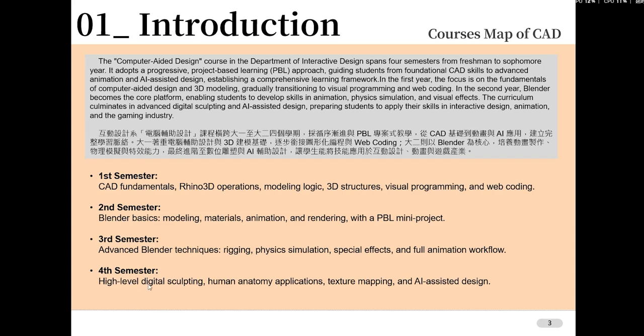For the fourth semester, it will be more high-level and advanced training. You are going to learn high-level detail sculpting, understand the composition of the human body, know human anatomy, and finally finish high-detail and high-quality material 3D models, these sculptures. So that will be the course map of the four different semesters of the computer-aided design class.